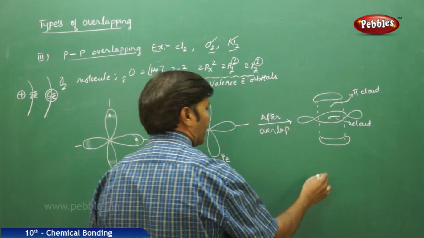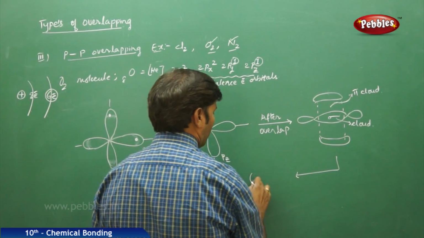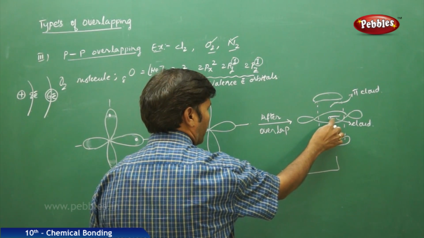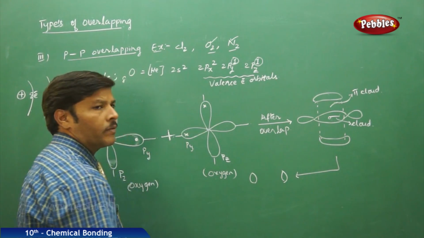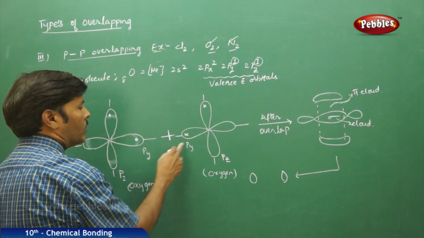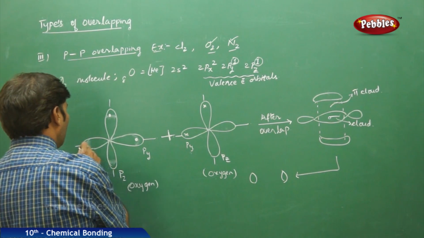So thereby we can easily predict that between 2 oxygen atoms, the first bond formation is because of the sigma bond formation taking place between the py atomic orbital of the first oxygen and the py atomic orbital of the second oxygen.